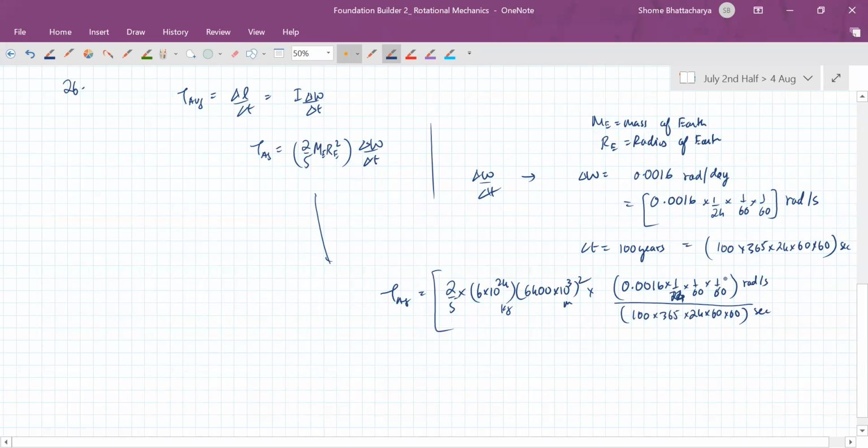Whatever answer we finally get will be in Newton meters because it's an SI unit.